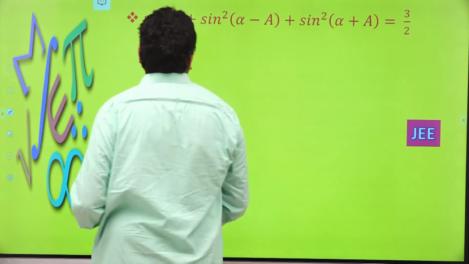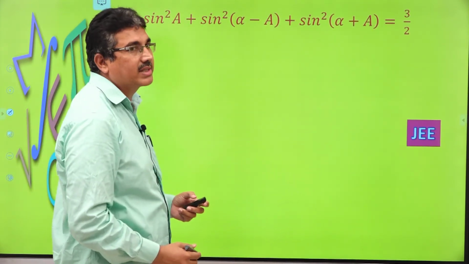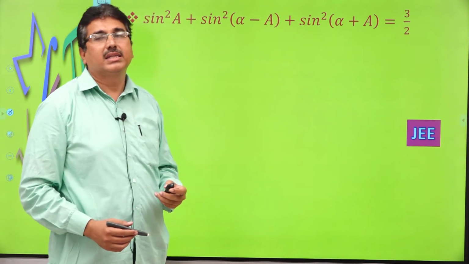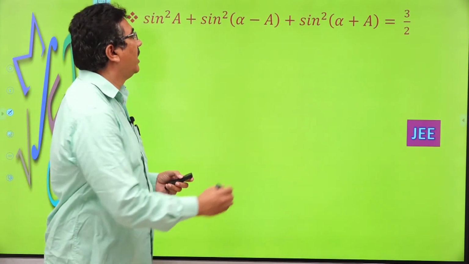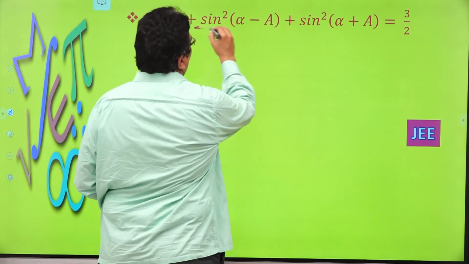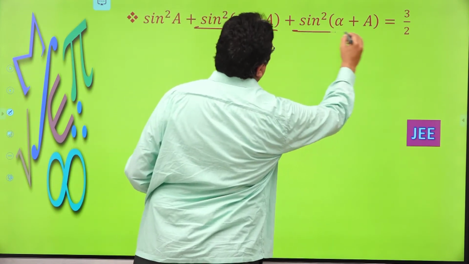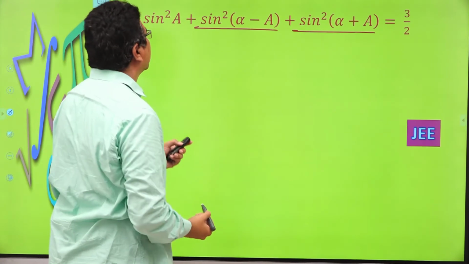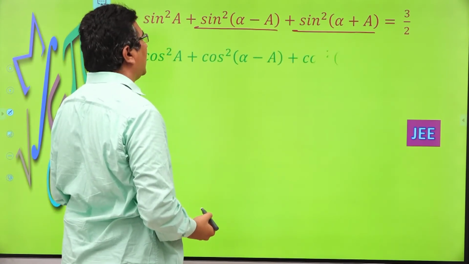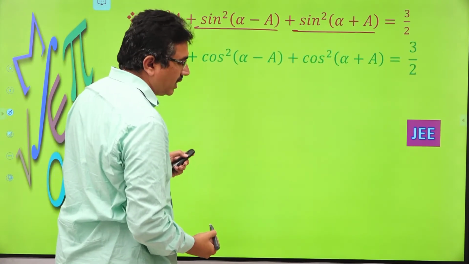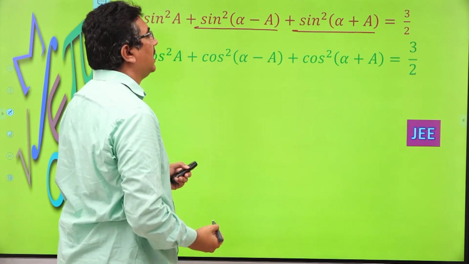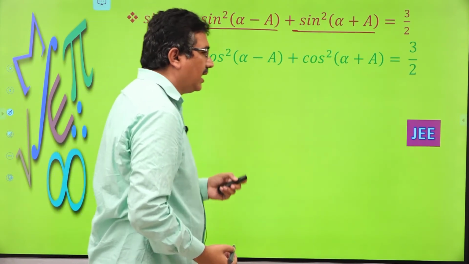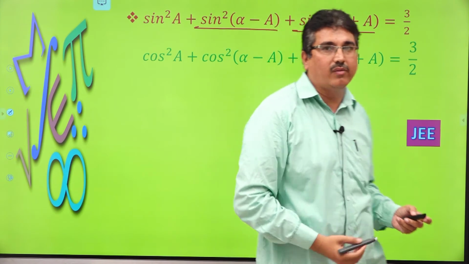Now, what is the value of sin square A plus sin square of alpha minus A plus sin square of alpha plus A? That is equal to 3 by 2. A similar result for cos is also equal to 3 by 2. In these two results, what is the value of alpha?